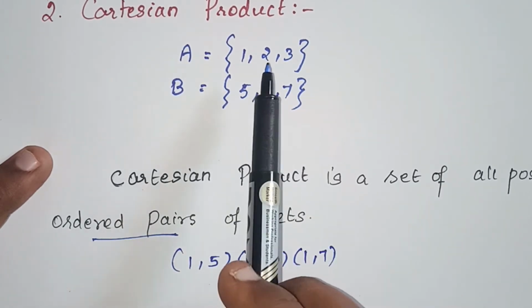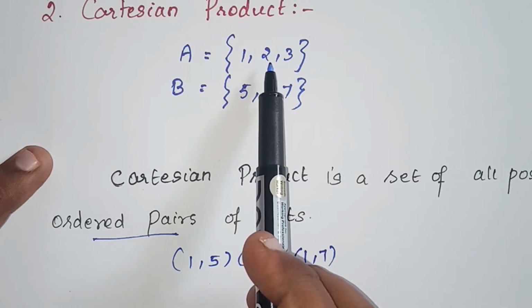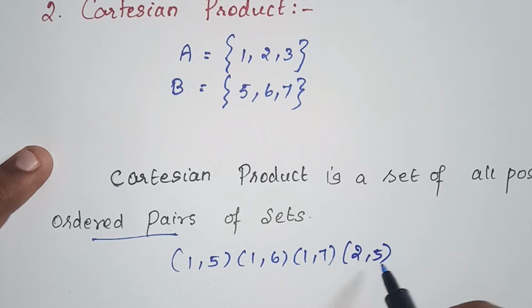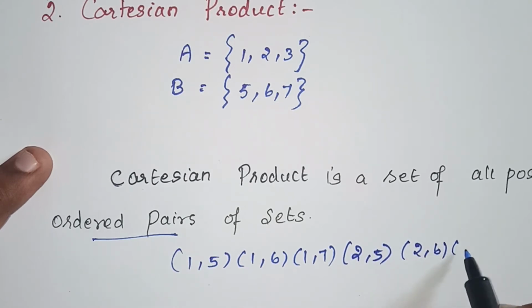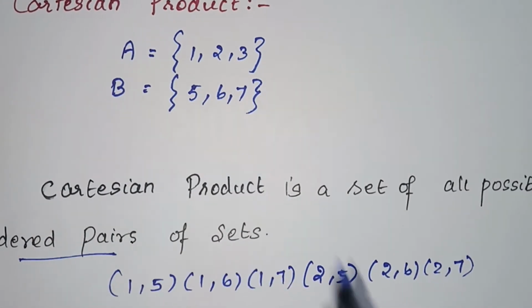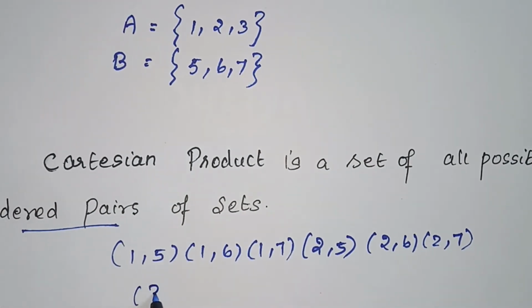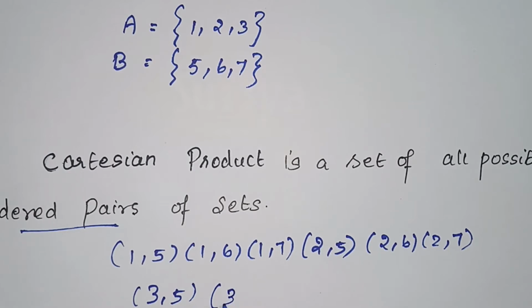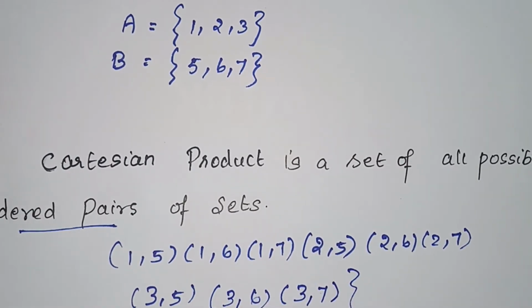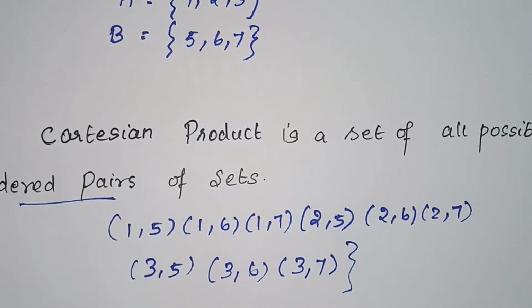Next take the second element from the first set: 2 pairs with (2, 5), (2, 6) and (2, 7). Next pair 3 with all elements in B: (3, 5), (3, 6) and (3, 7). These elements are called the Cartesian product of the sets.